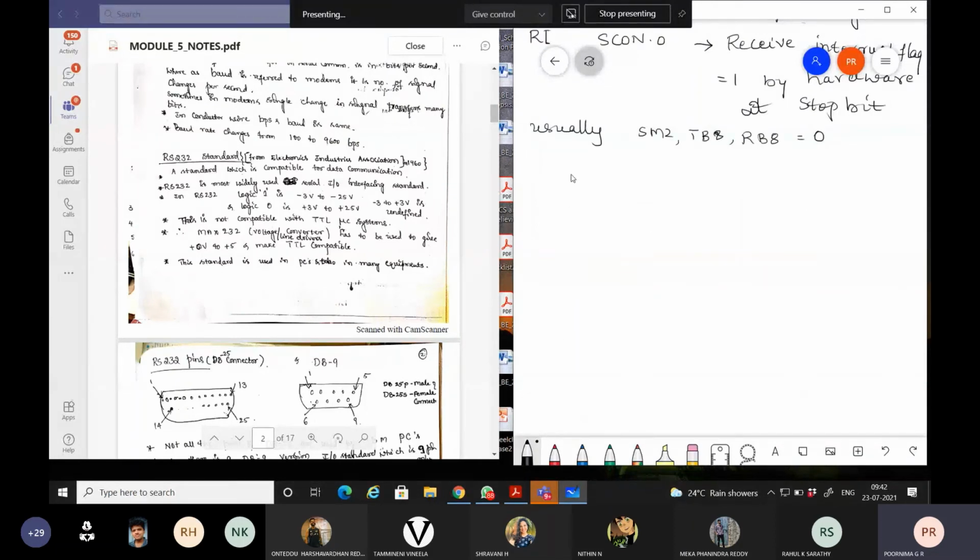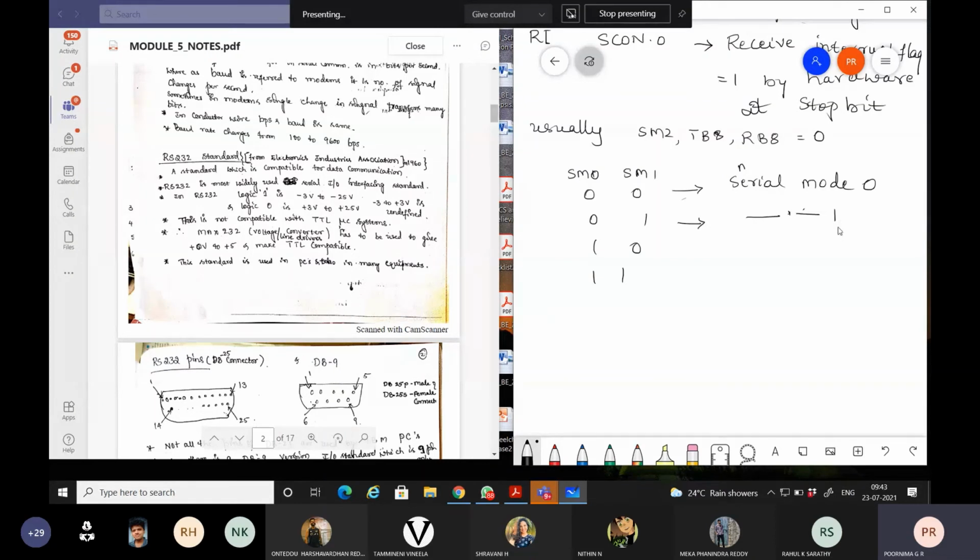The other 2 important mode bits we need to discuss are SM0 and SM1. The combinations can be 00, 01, 10 or 11. When 00 is set, it is serial mode 0. If 01 is set, it is serial mode 1.